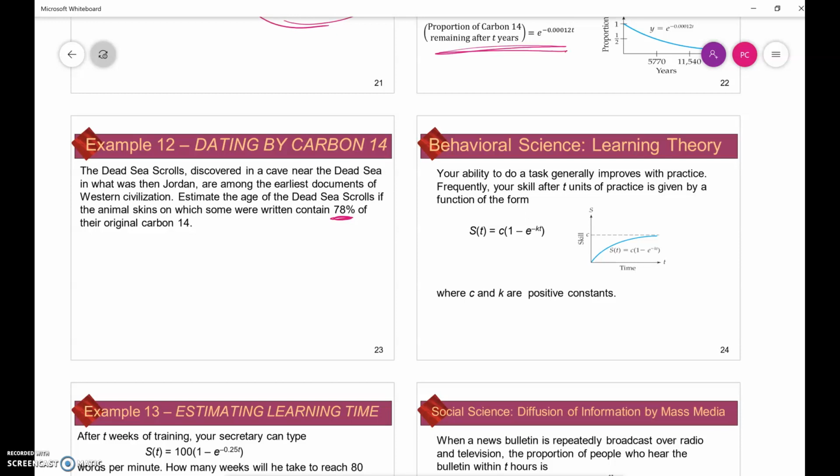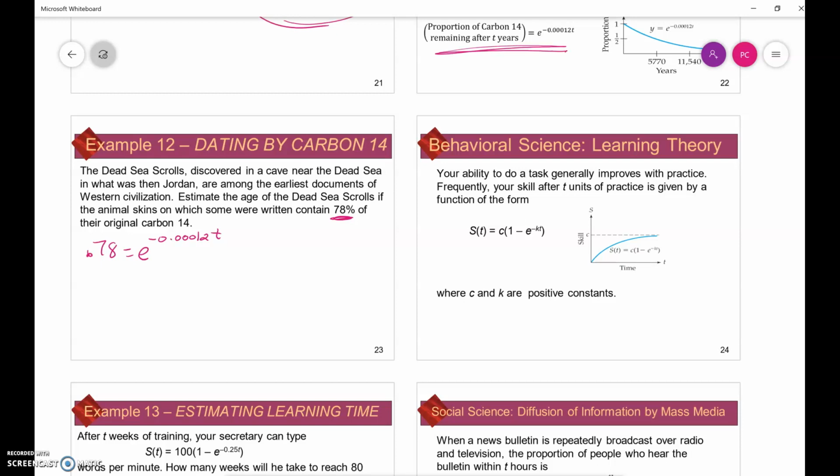When we plug this into the formula, we're not going to use 78%. We're going to change that over to a decimal. So we get 0.78 is equal to e to the negative 0.00012 t.